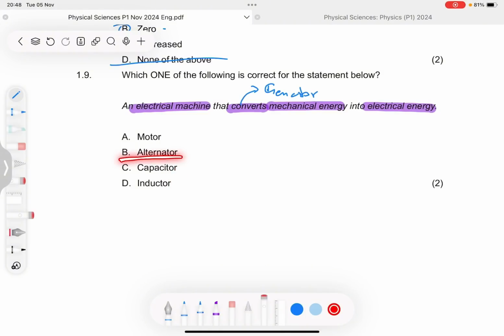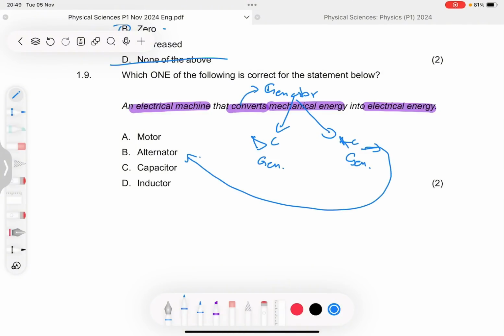Now, B is very interesting. What they're doing at B is trying to be specific, in a sense that we have two types of generators, right? We have a DC generator, we also have what we call an AC generator. And the AC generator is called an alternator, right?